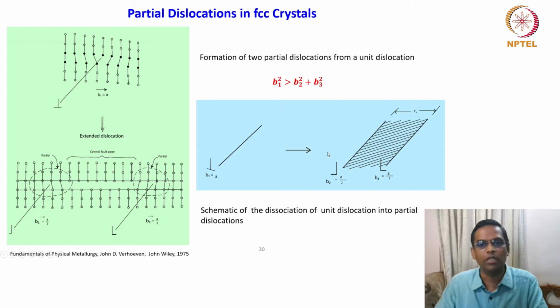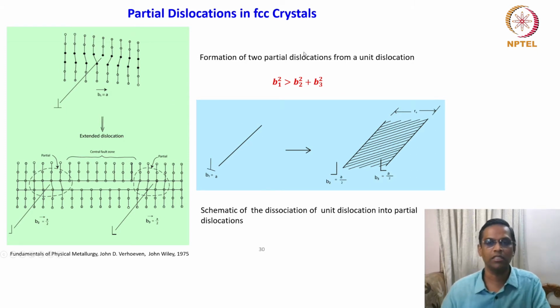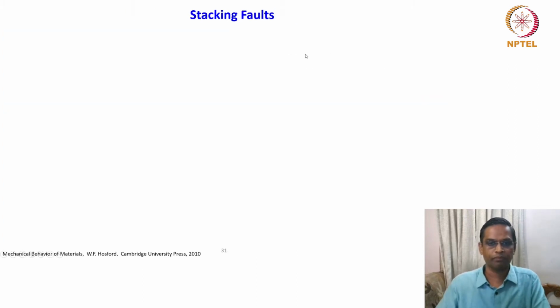So this is partial dislocation. Of course, this also happens only after verifying Frank's rule, which will predict whether this kind of reaction is feasible or not. Coming close to that idea, there is another important aspect of these dislocations called stacking faults.